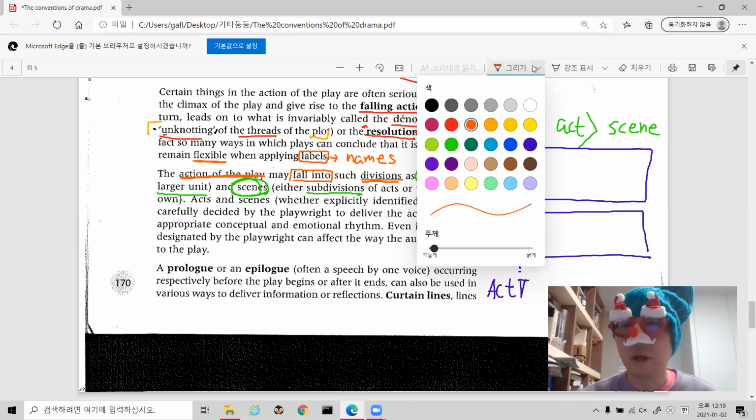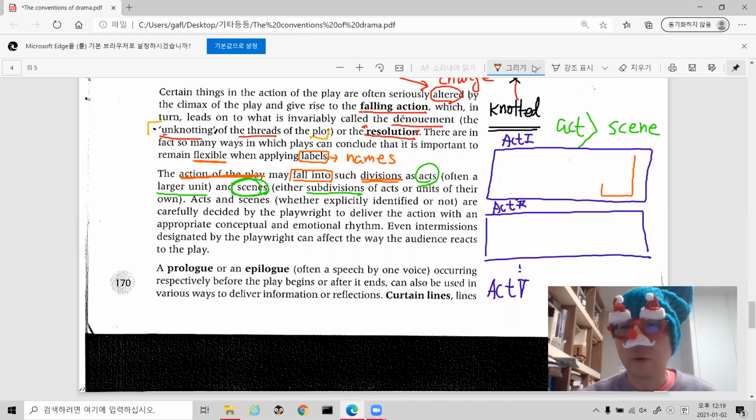They have smaller parts of scenes. So Act 1 consists of different scenes. Act 1 consists of 5 scenes. Okay, so a scene is a subdivision, smaller than the act, or a unit of its own.